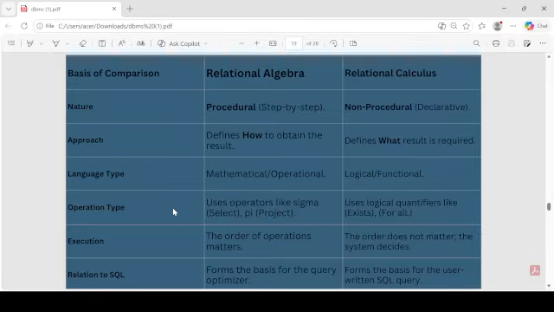When we talk about operation type, we have select and projection, as we studied in the previous question. In relational calculus we have logical quantifiers like for all and exists. We also use these in queries for filtering or retrieving the data we need.